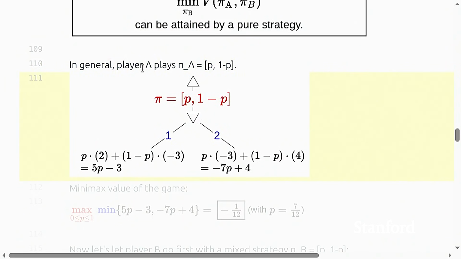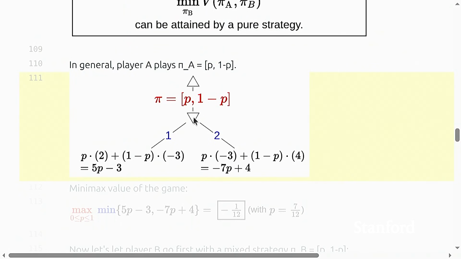Okay, so player A is going to go first now, and play a strategy with probability P, play 1 finger, with probability 1 minus P, play 2 fingers. The way to think about this is you have an uncountably infinite number of possible actions that player A can take.